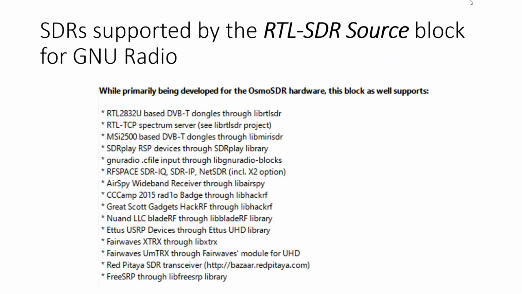Yeah. So I mentioned before, don't get carried away with the fact that things like RTL SDR, you might well find that a single block will actually cover a multitude of different SDRs if they use a similar type of hardware underneath the surface.